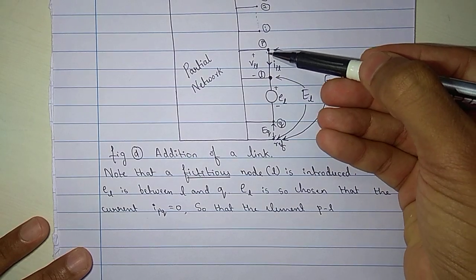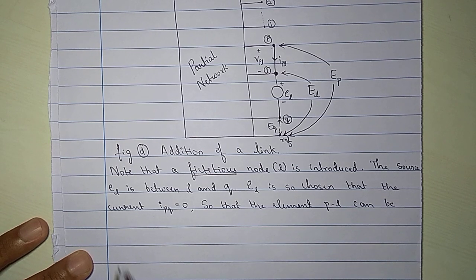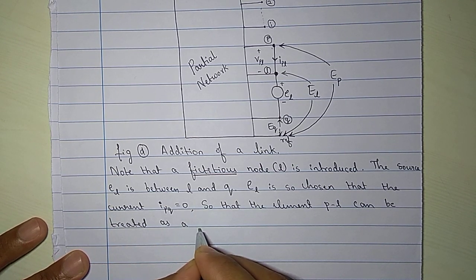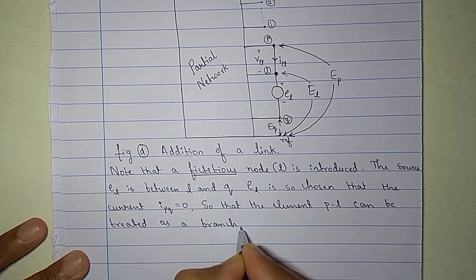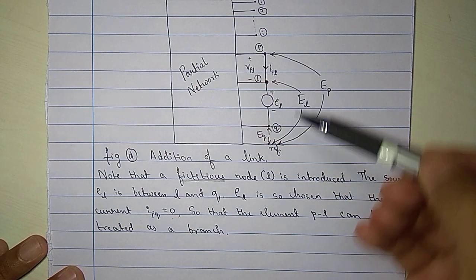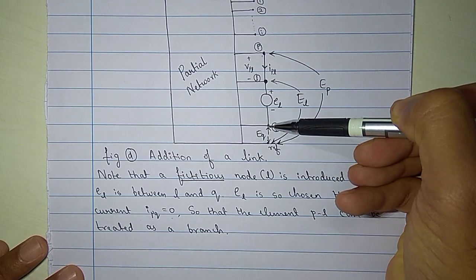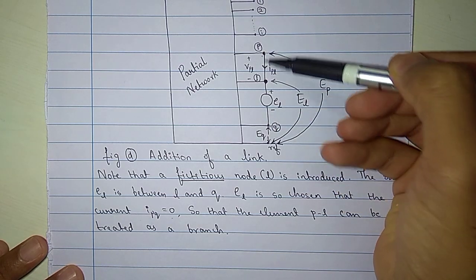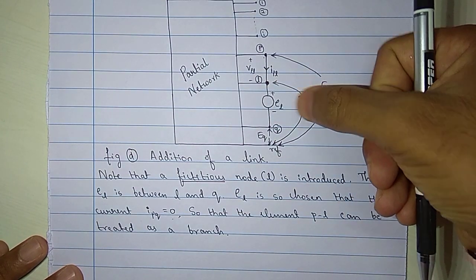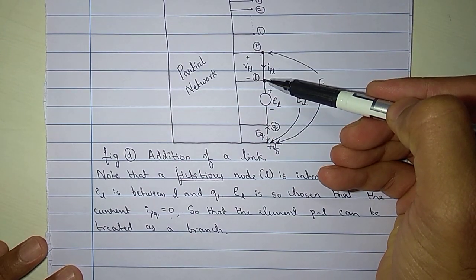PL, where is the element? This is the PL element. PL element can be treated as a branch. Can I treat it as a branch? Look here. I said that IPQ is equal to 0. IPQ means from here the current is flowing to node Q. If this IPQ current is 0, which means that this is open circuit. If this is open circuit, then can I call this PL a branch?